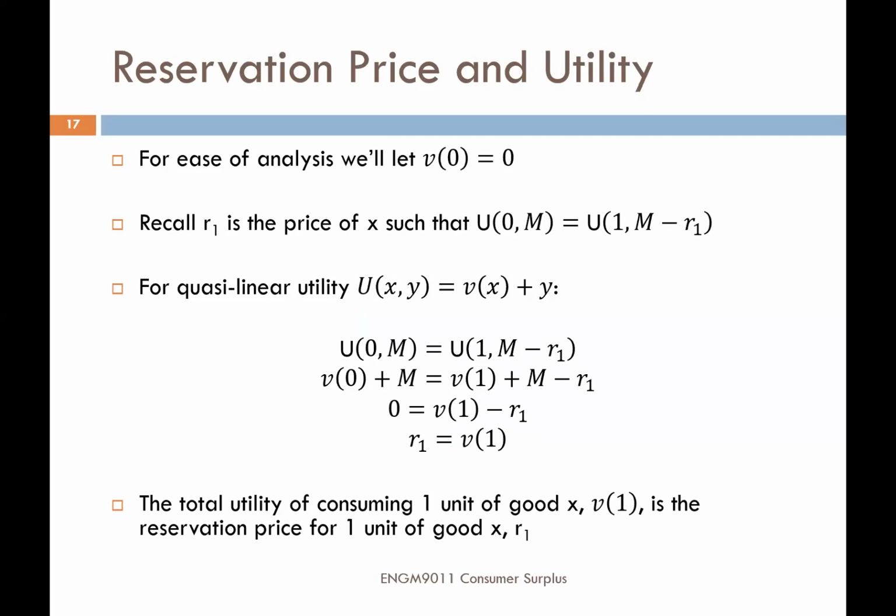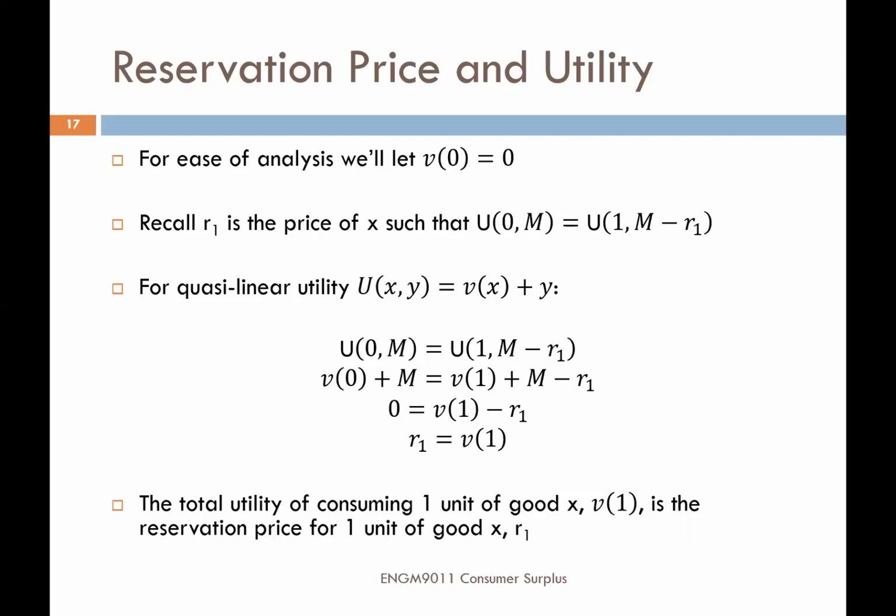Again, remember, we can add or subtract any number, multiply by any positive number, or square or cube a number, and it doesn't affect the consumer's preferences. It doesn't change the analysis. So just for convenience, we're going to make the utility of consuming 0 units of X equal to 0. So it doesn't change anything. It's just more convenient.